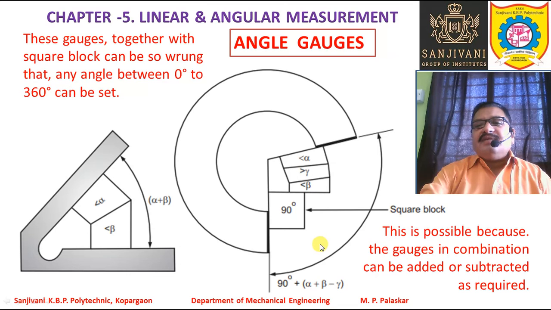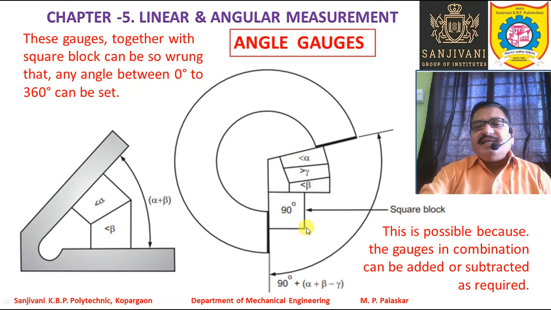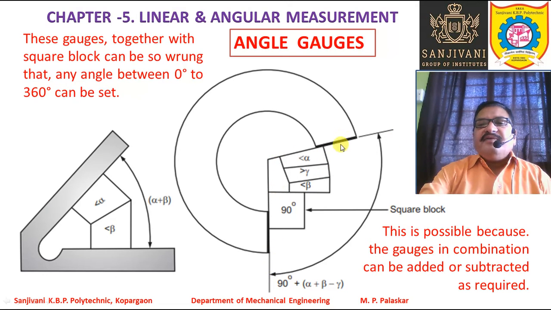The total angle obtained by the combination can be a subtraction also, or a combination of additions and subtractions. So in addition to addition, subtraction is also possible in the case of angle gauges, and therefore even by using a smaller number of pieces we can obtain a large variation in the angles, because subtraction is also possible.